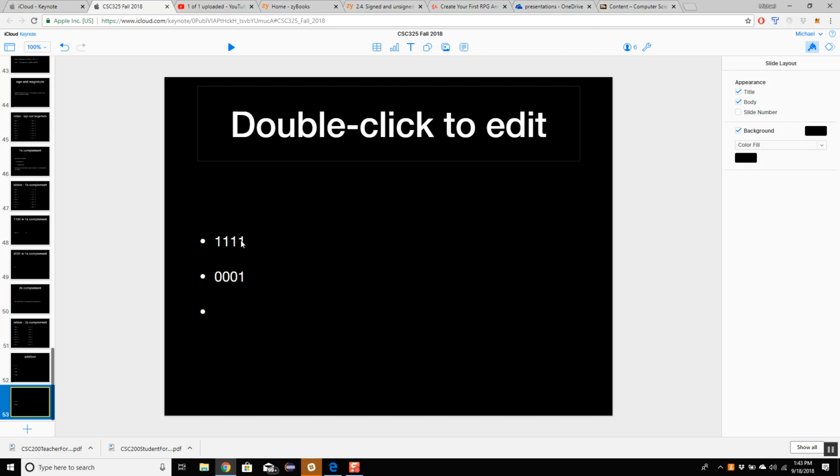All right, so 1 plus 1 is 2, which does not fit. It's not a binary bidget. No, it's not a bit. All right, so we need to carry the 1.